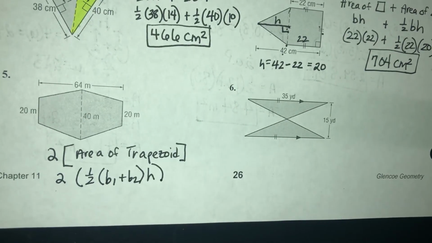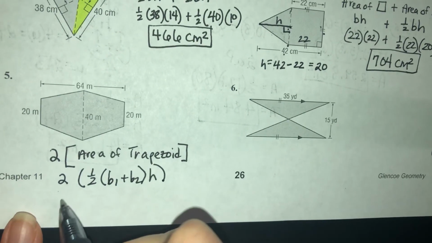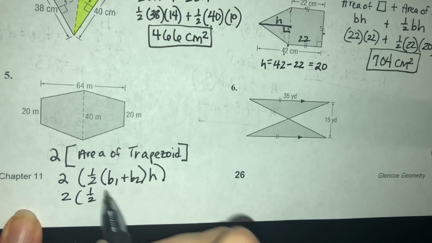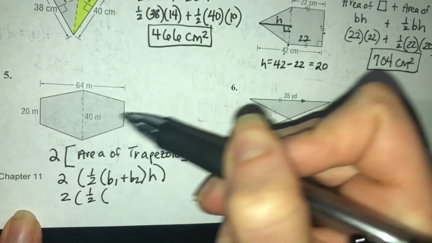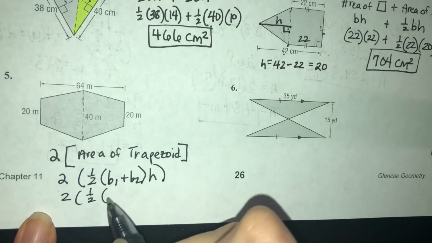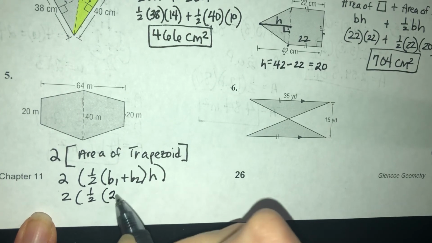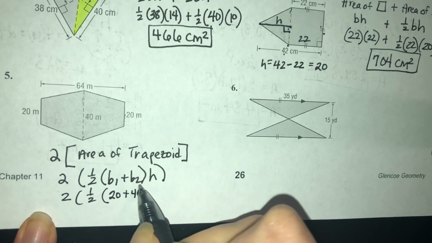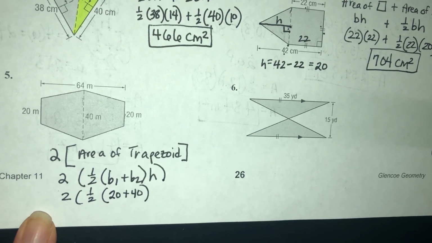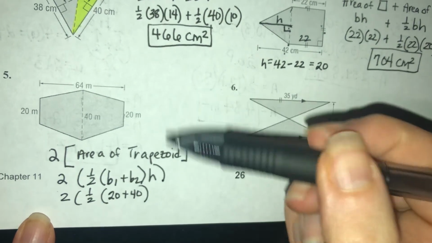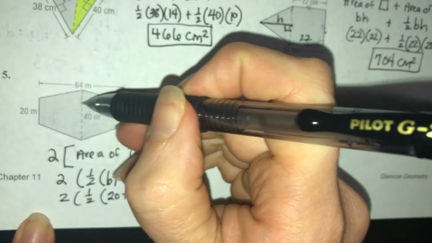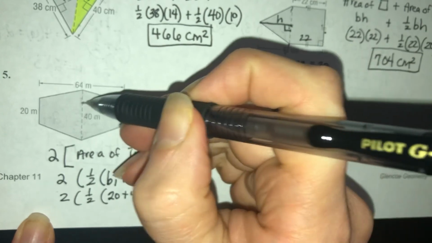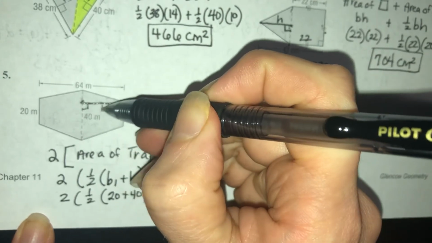So now we just need to fill in what we know. 2 times 1/2 times the bases, which are the parallel sides. So 20 and 40. And it doesn't matter whether I put the 20 first or the 40 first. You can do it either way. They're just being added, so they'll add up to the same either way. And then the height is the perpendicular distance between the parallel sides.